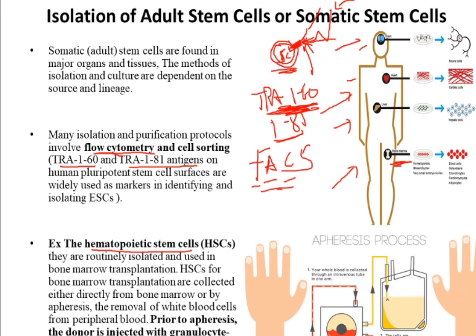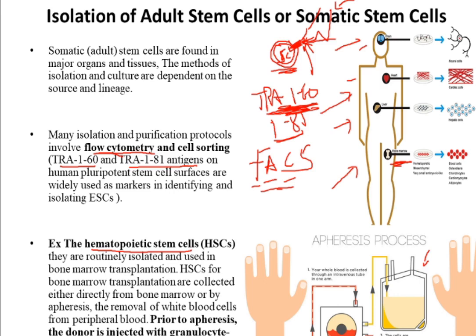So almost every cell is separated into a different bag, and the rest of the components of blood this machine puts back into the individual. The blood comes out, gets to the machine, the machine separates the cellular component, which is collected in this bag, and the rest is sent back to the individual.